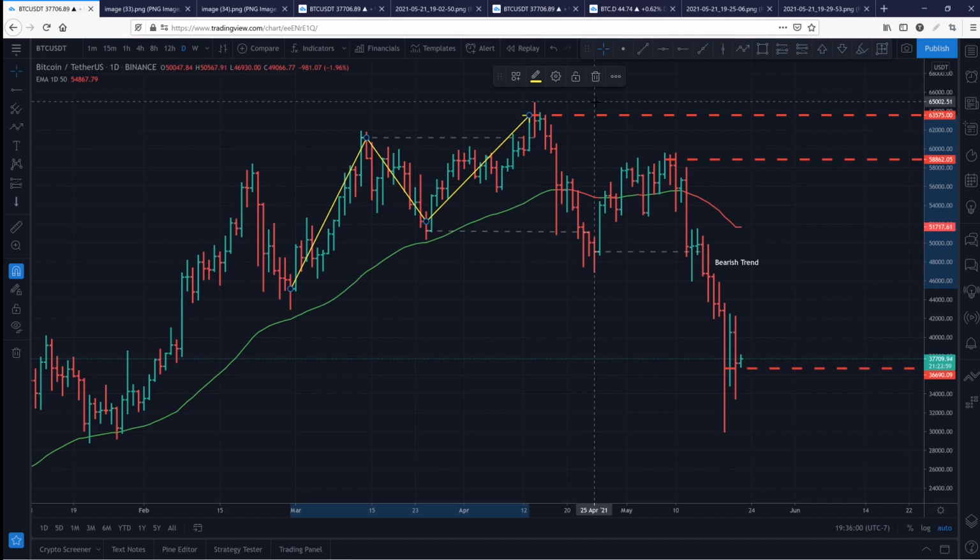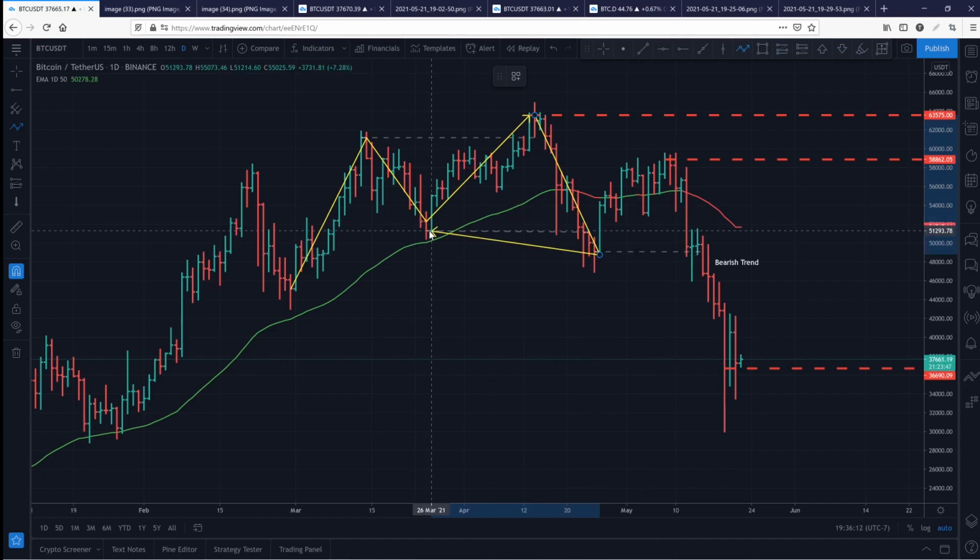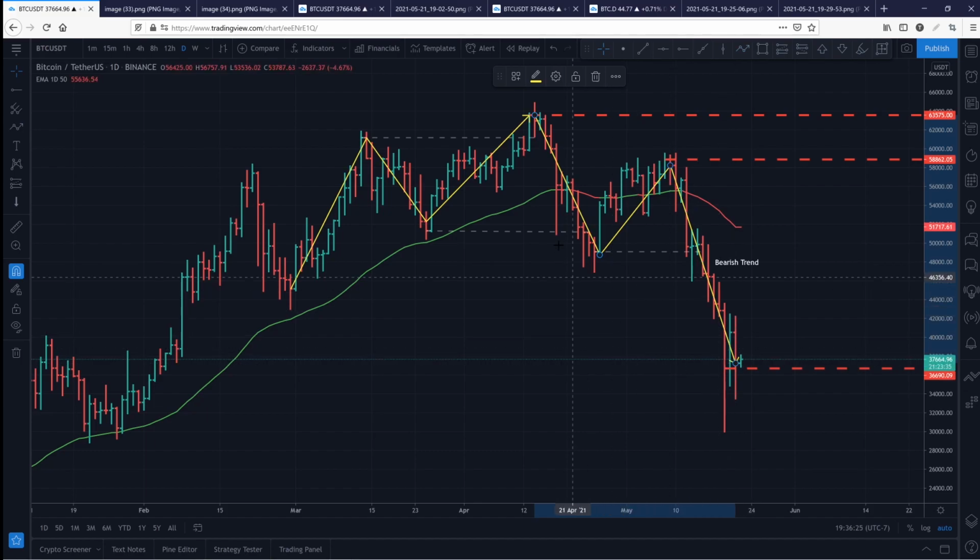Now, what we were watching previously was when we had our pivot from here down, we broke this previous low. So that puts us into a bullish consolidation pattern. We establish a new high up here that's lower than our previous high, and then we've closed below this previous low.